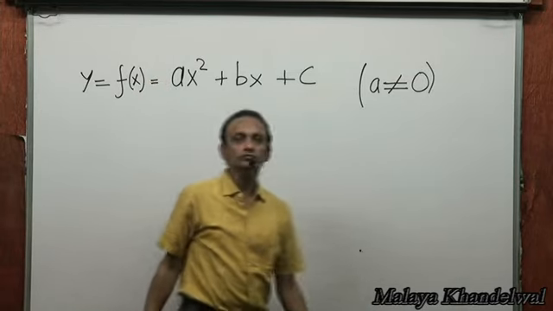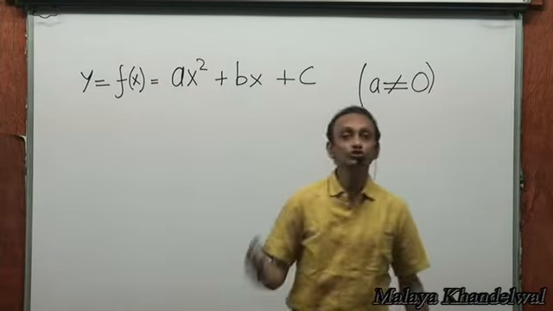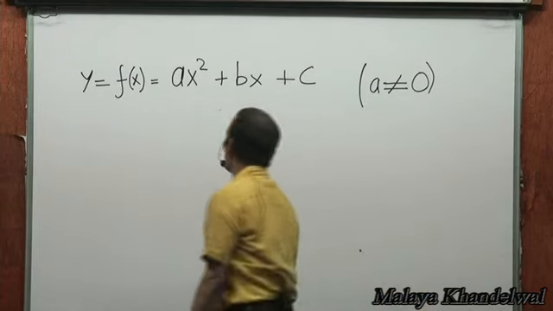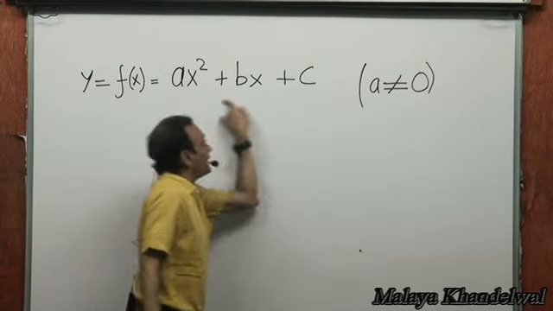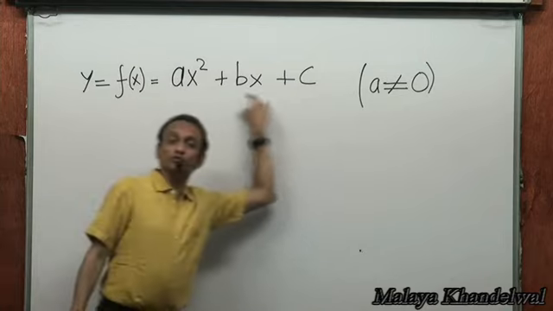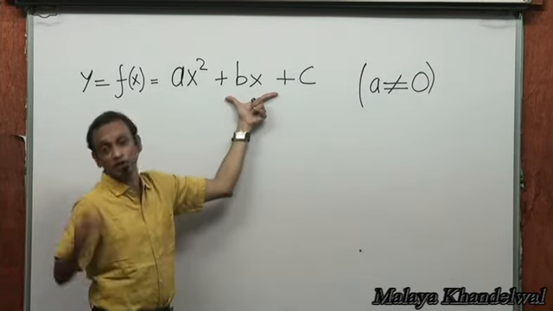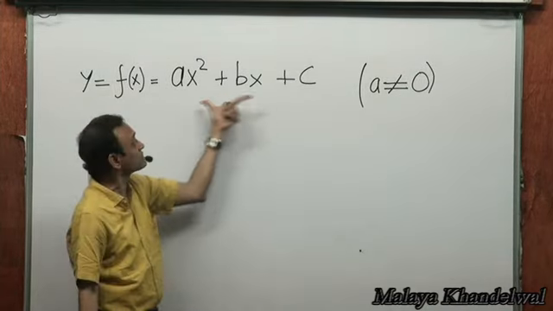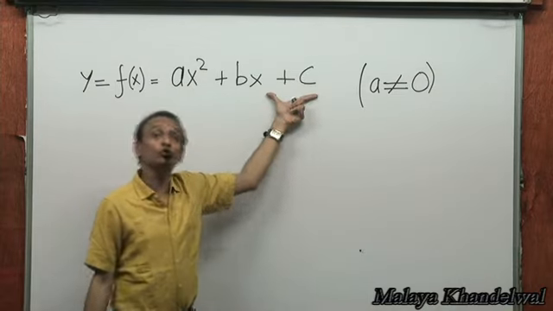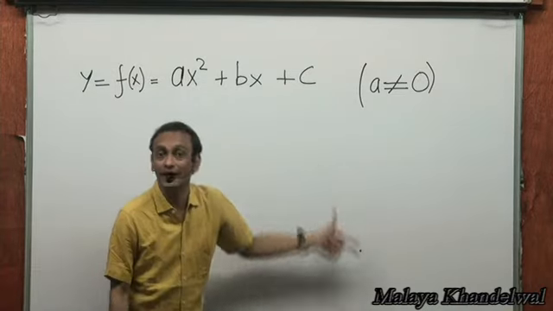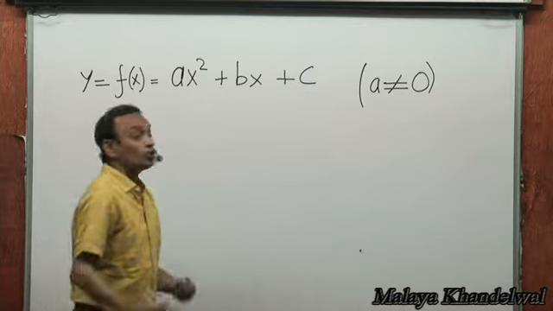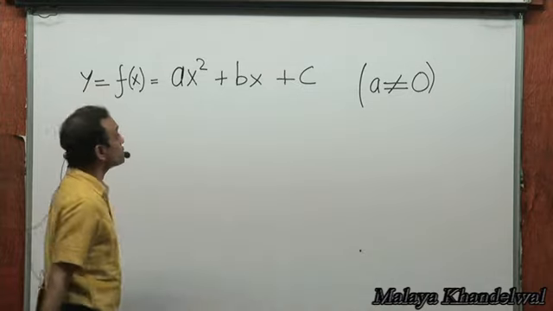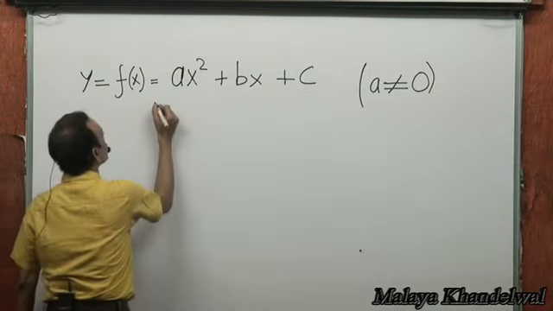Now, what is meant by the root of the quadratic? Those values of x for which this would become 0. This expression would assume different values for different values of x. For two values of x, this expression will become 0. Those values of x are referred to as the roots of the quadratic.